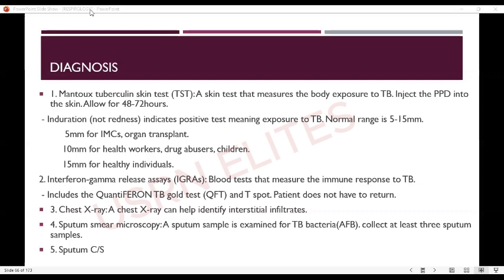These patients you inject, you're not going to see anything. They have not been exposed to the bacteria. Or even if you do see like 2 millimeters, or 4, all these are negative. It means that the person has not been exposed.